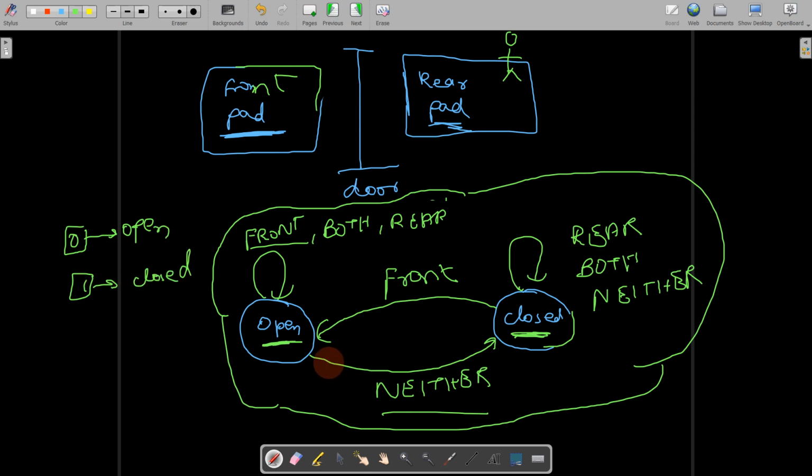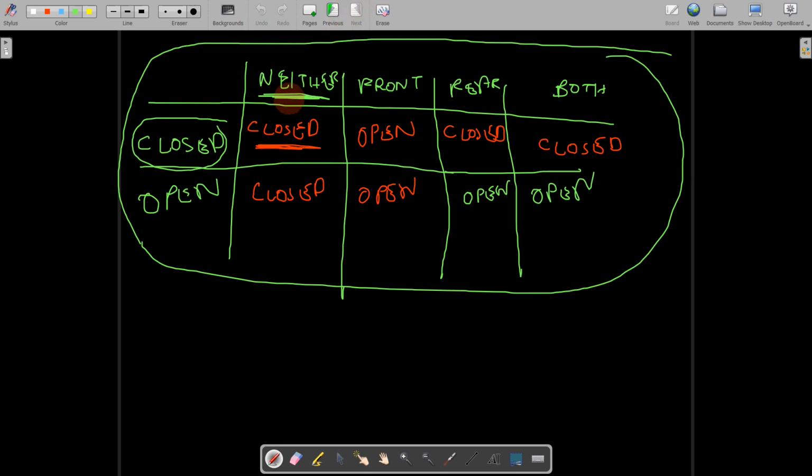So only one bit of memory is required by the automatic door controller to keep track of what state the door is in, right? So it requires very little memory, right? Only one bit of memory.